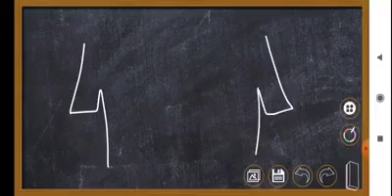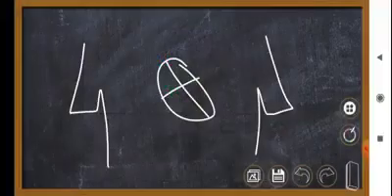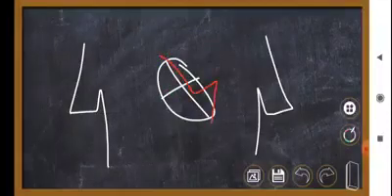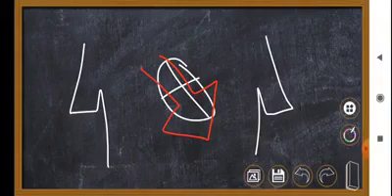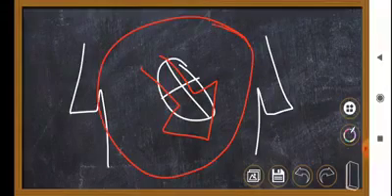Suppose this is the person whose ECG is being performed, and this is his heart, and we have already discussed that the net vector of the electrical impulse is something like this. And to calculate the QRS axis, actually there is a role of the sphere in it.